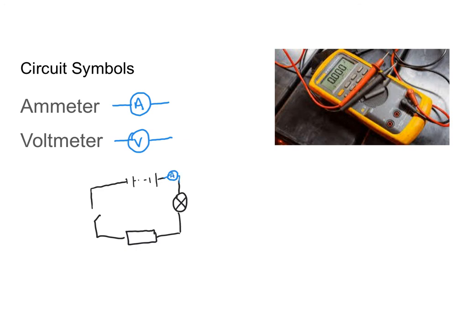And I could take this ammeter if I wanted to, and I could move it. I could put an ammeter here if I wanted to instead. I could put it here. It doesn't really matter where it is, but it does need to be in that series, in that line of that loop of my circuit. And then I took my voltmeter, and I had it connected across my resistor. So whenever you're putting ammeters and voltmeters into your circuit diagrams, I'm going to look: is your ammeter in series with your circuit, and is your voltmeter in parallel?